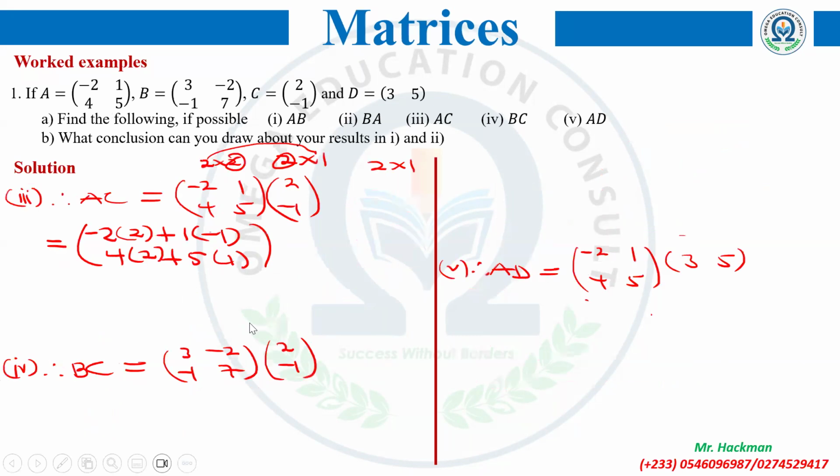One here, one here. Now, when the result is 2 by 1, the matrix is repeated once. Can you see that?